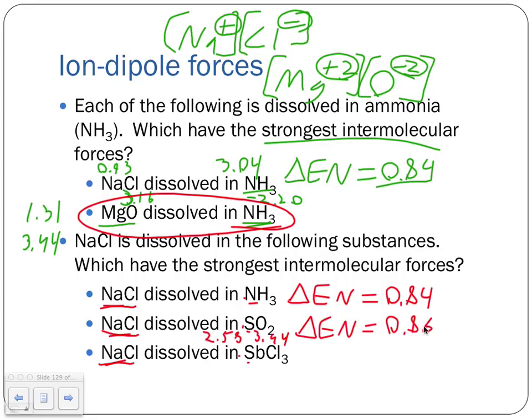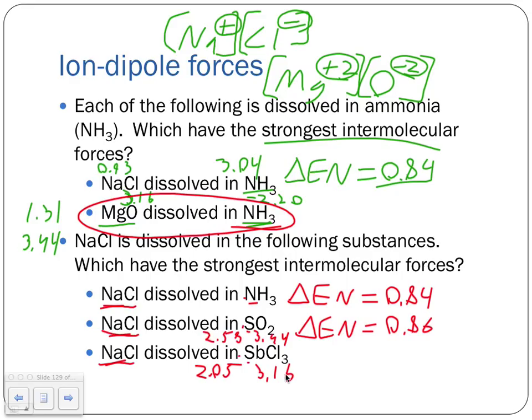Let's take our last one, SbCl3, antimony trichloride. We've got Sb, antimony, which has an electronegativity of 2.05, and chlorine with an electronegativity of 3.16. With that, it's definitely not as big as 2 for the difference. It's not ionic, but it's also bigger than 0.4, so it's going to be polar.